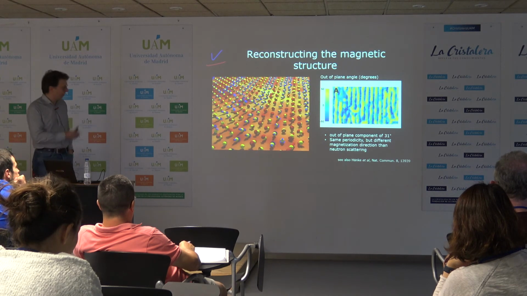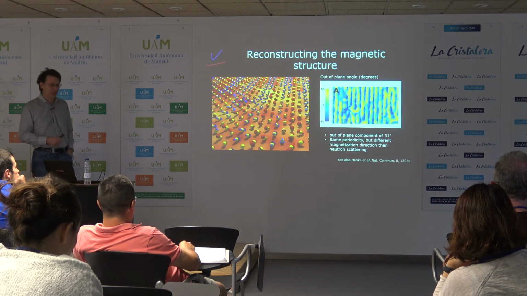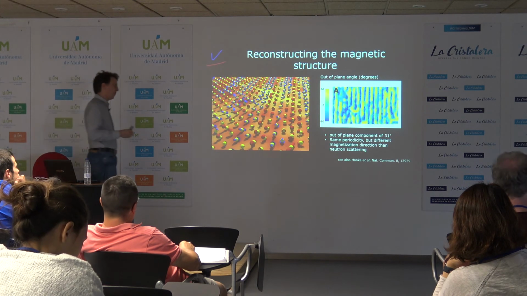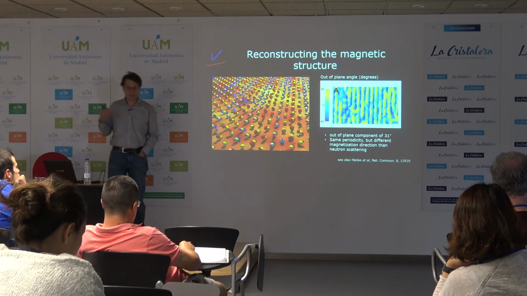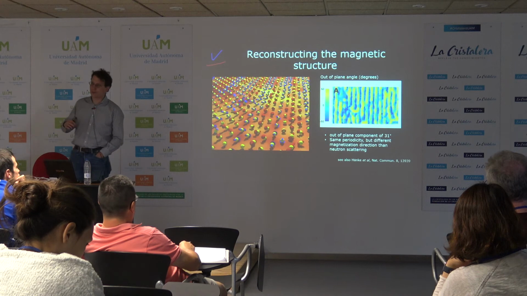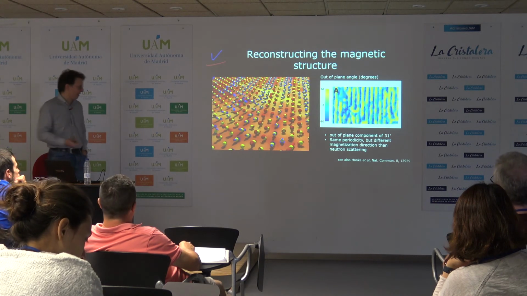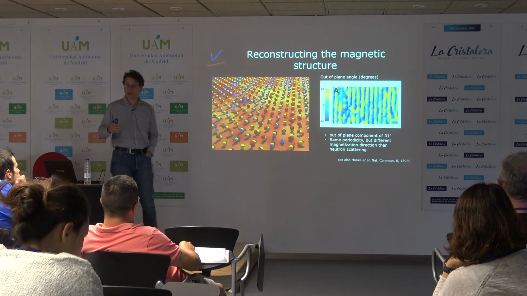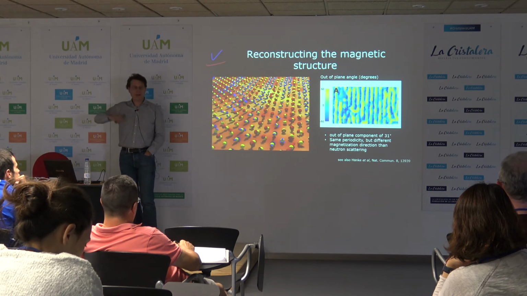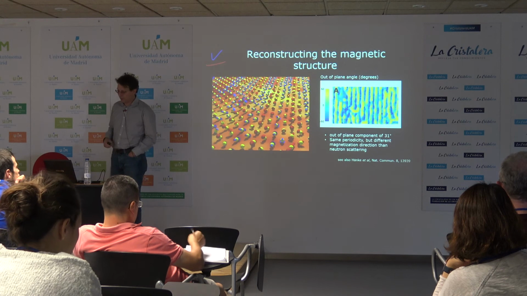So this is still a puzzle, why we see a different angle from what is seen in neutron scattering. So we are now working with Chris Stock, who's a neutron scattering expert, to see whether this means that there are other possible interpretations of the neutron scattering data, or whether at the surface the magnetic structure is reconstructed and relaxed outwards from the surface.